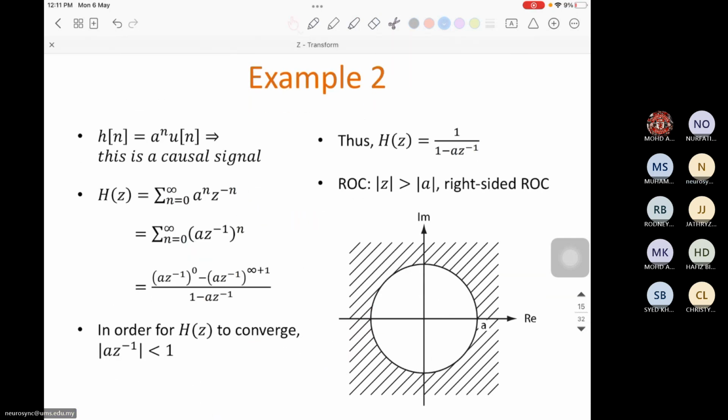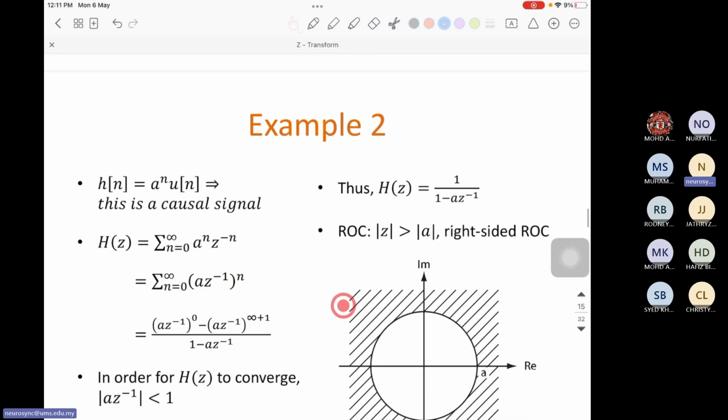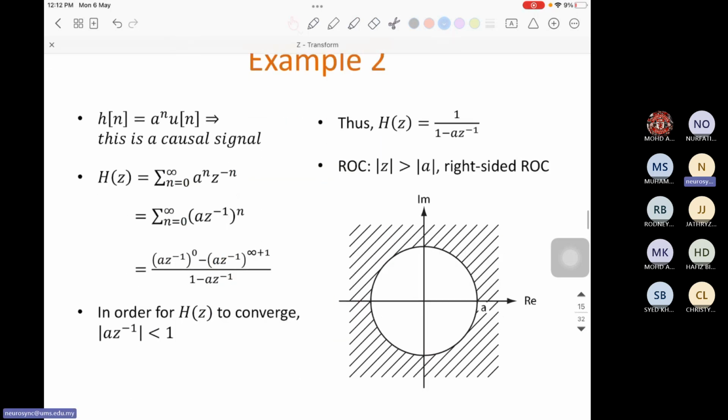Now in this example, we have seen alpha to the power n u of n, and there we have also plotted the region of convergence. The region of convergence for this example is outside the circle of radius alpha.